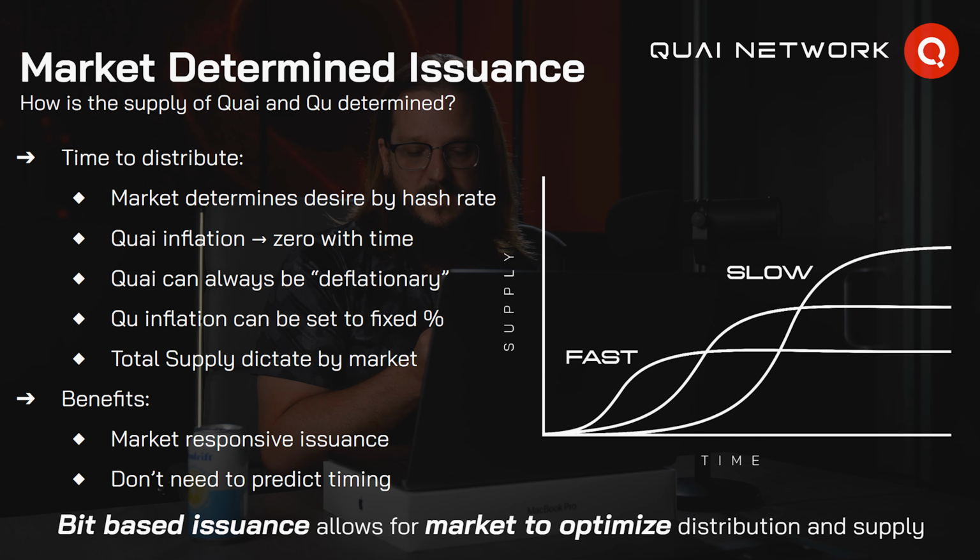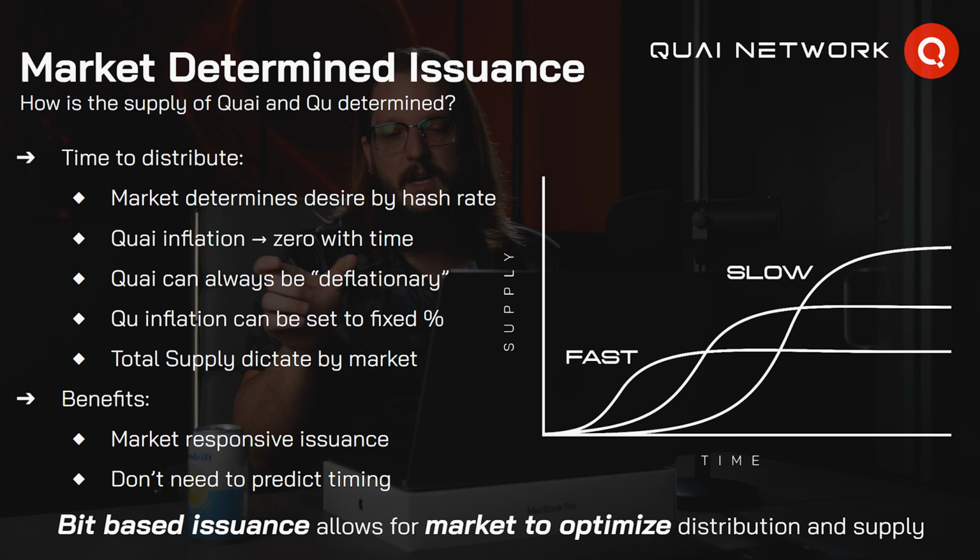So what that means is if the system creates Quai and it doubles the supply of Quai and the number of market participants is also doubled, you have a relative neutral monetary policy on Quai. So you wouldn't necessarily anticipate the price of Quai changing.